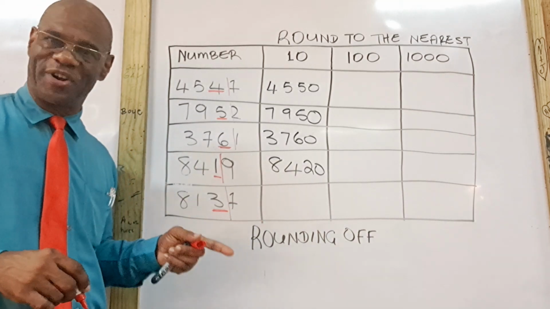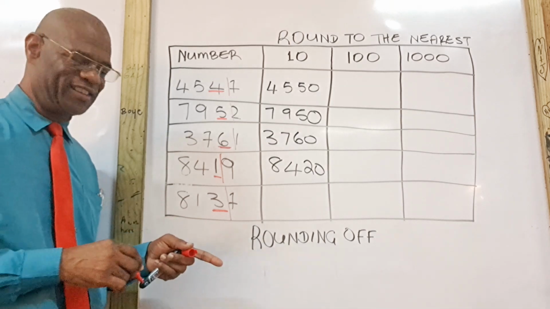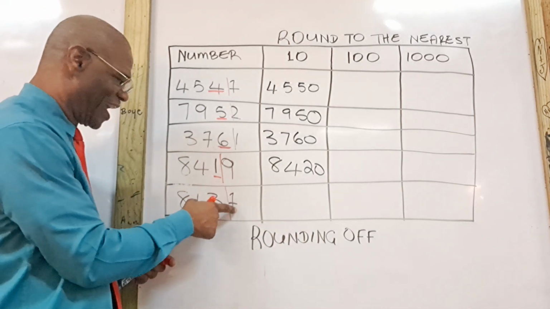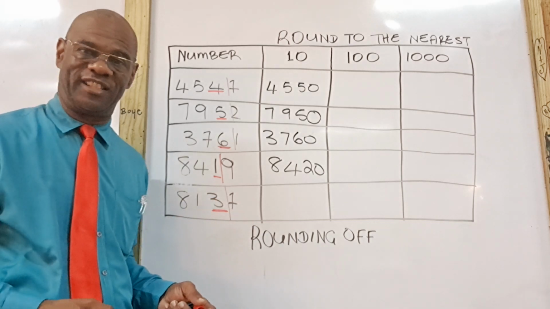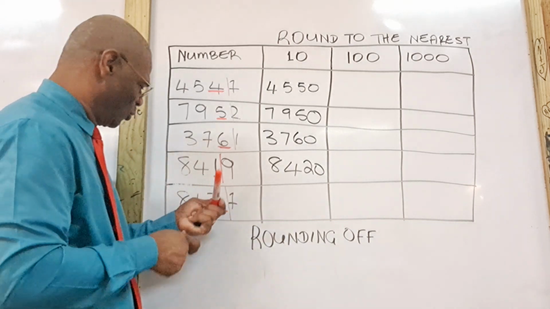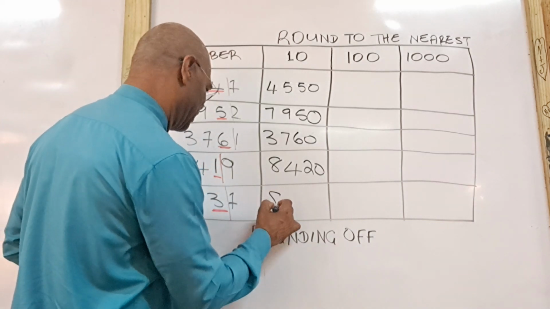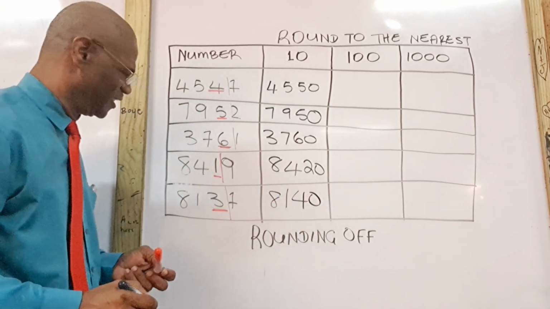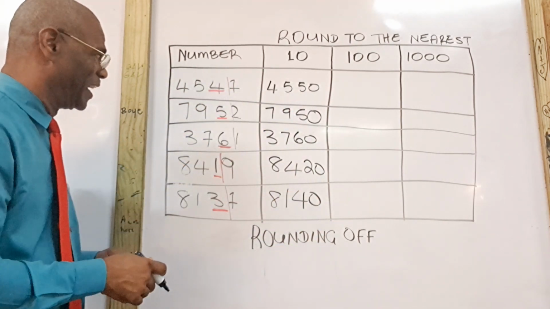It is more than 5, right? It is 7. So we simply add 1 to the 3 to give us 4. We discard the 7 and we replace it with that 0. Good. So we now have what? 8,140. Good.